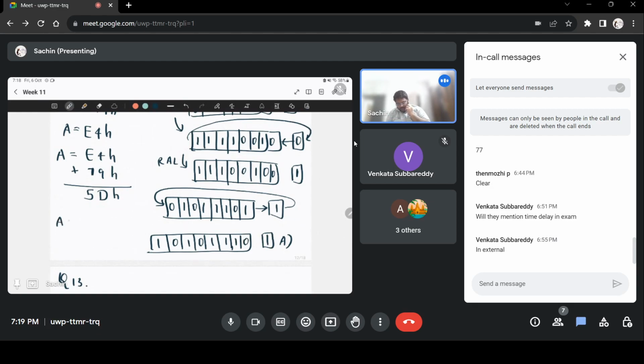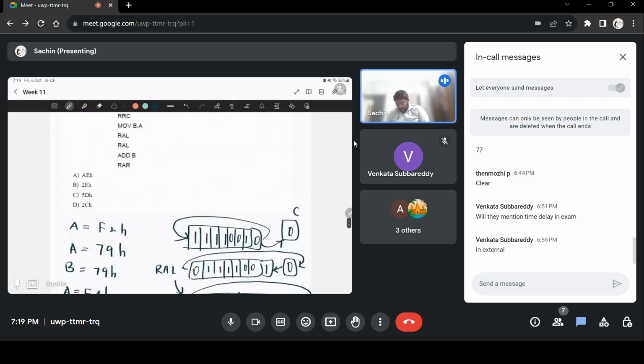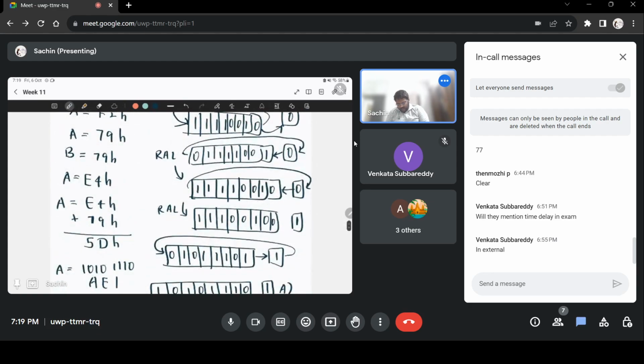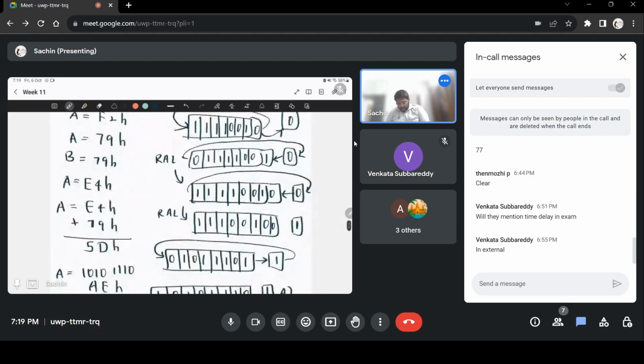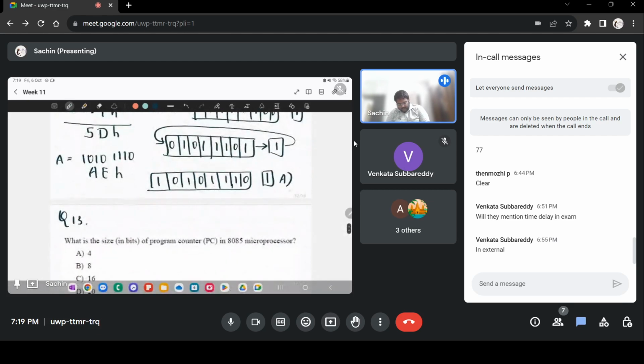So this is your accumulator content now: 1010 1110, which in hexadecimal is A for the first nibble and E for the second. AEH.